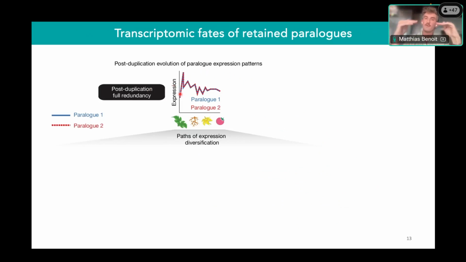You end up having two genes that are identical in terms of sequence and in terms of regulation, shown here in blue and red, expressed at the same level and with the same expression pattern in all tissues tested. The question is then what happens when those genes start to evolve, when they start to acquire maybe different patterns?